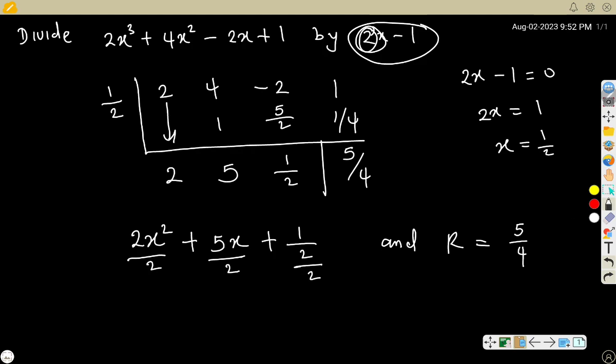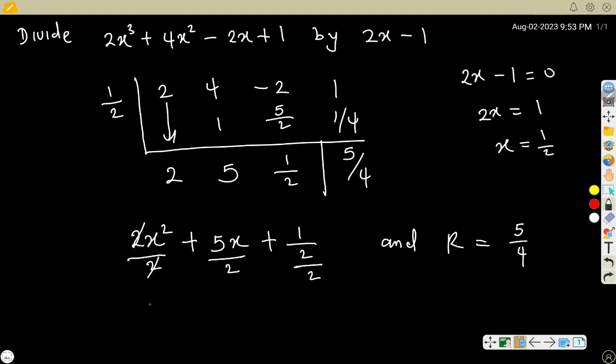Remember, we have 2x minus 1, so I'm dividing my quotient here by 2. If it is 3, divide by 3. If it is 4, divide by 4. But if this 2 is not there, you leave your answer like that, as in all the previous examples. But if there is a coefficient, divide by that coefficient.